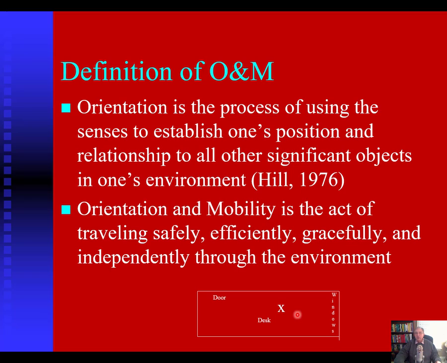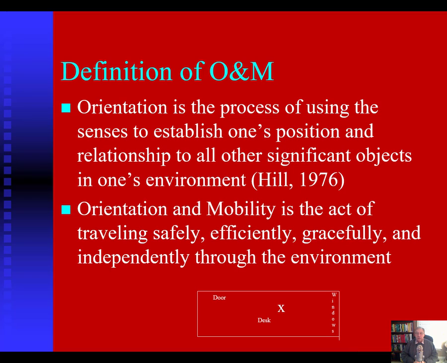We can describe the environment based upon our relationship. We can say the desk is behind us and a little to the left. We could say the door is in front of us and much farther to the left. We could say the windows are to the right of us. And that's an egocentric point of view because it's based upon our own viewpoint, our standing point, where we are, and everything is in relation to us.